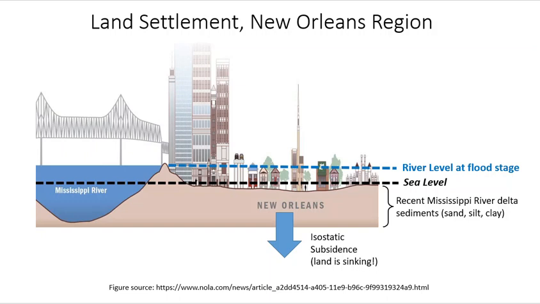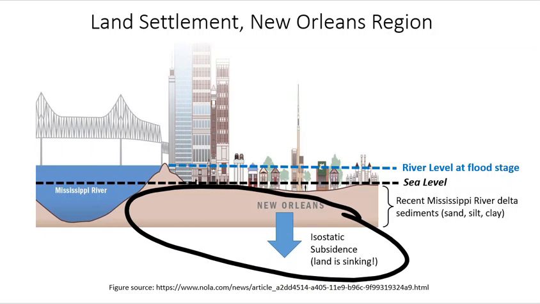And there are a lot of reasons for this, but relevant to this discussion, one of a number of reasons why much of New Orleans is below sea level is simply that this whole area is undergoing isostatic subsidence as a result of these delta sediments that have been deposited in the New Orleans area in just the last few thousand years.